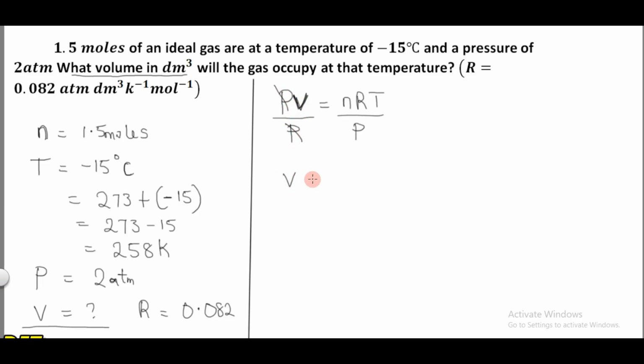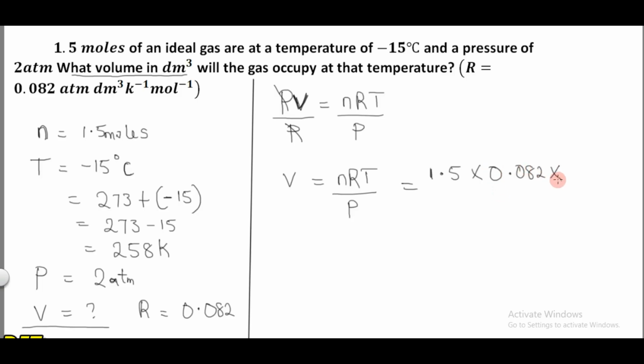So my V will be equal to nRT over P. This will be equal to my n, the number of moles, 1.5, times my R, the universal gas constant, 0.082.